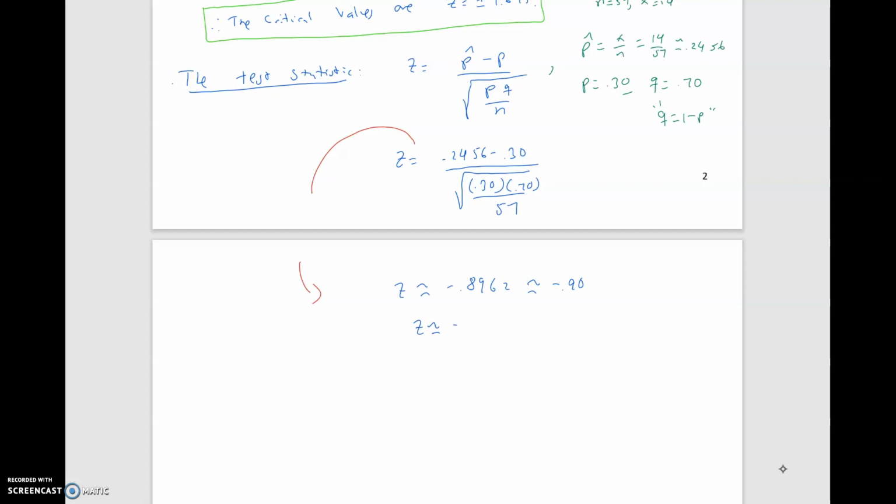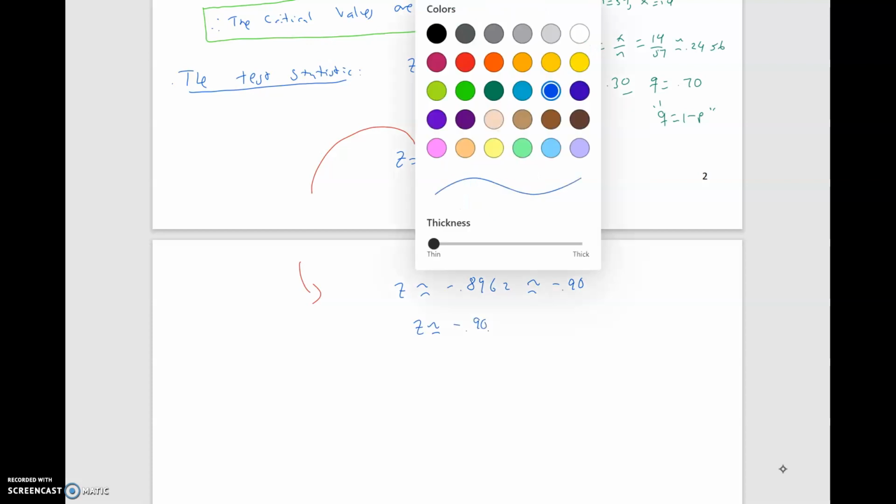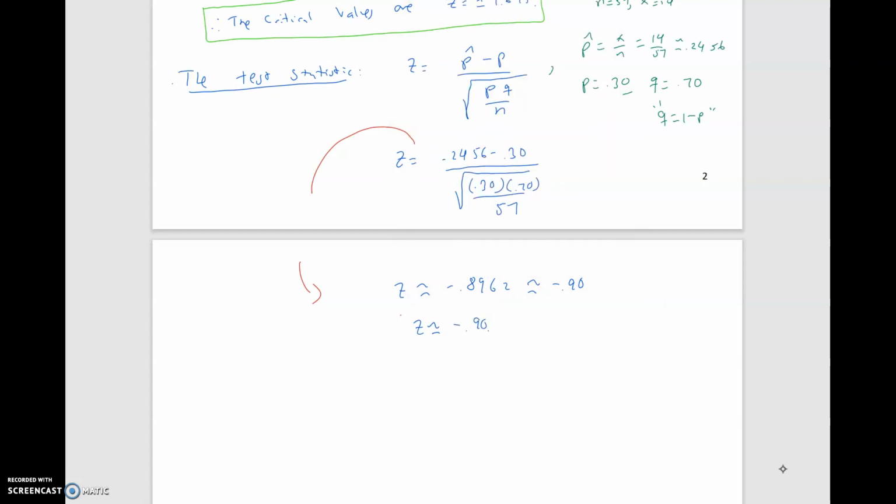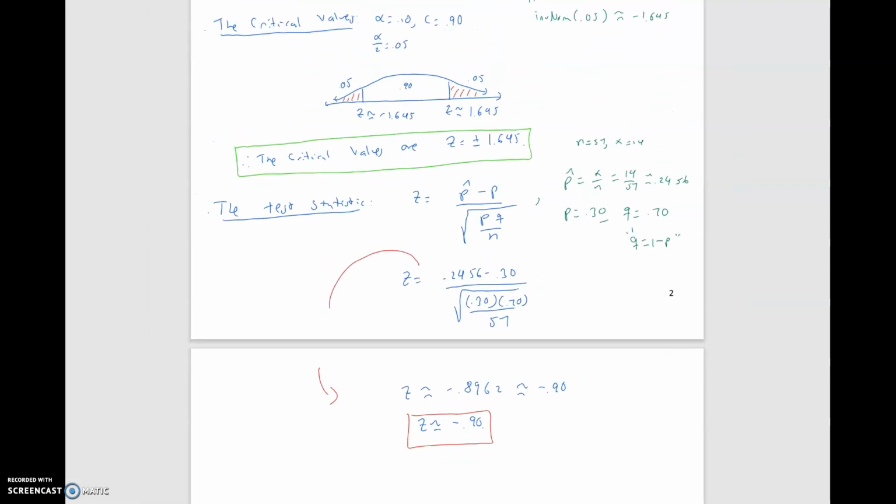So negative 0.90 happens to be our test statistic, and now we're going to be looking at the position of the test statistic. Remember that this is 0 on the Z-score scale. If your test statistic falls under the red, you reject H0. If it falls below, your conclusion is going to be fail to reject H0.